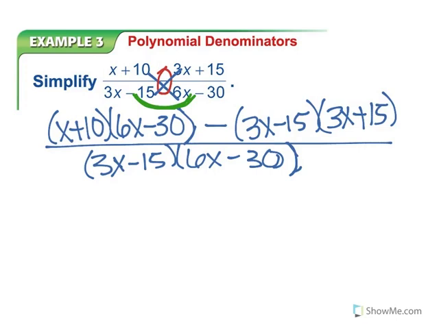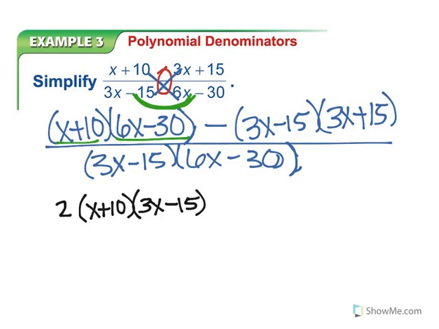All right, so we're going to see if we can factor some things. X plus 10 is as reduced as it can go, but if we look at 6x minus 30, they actually have a factor of 2 in common, so we're going to factor out a 2 there. So I'm going to write x plus 10, and then if I factor out a 2, I'm just going to put it in front. 6 divided by 2 is 3, so we're left with the 3x, and then minus 30, so 30 divided by 2 is 15, so minus 15.